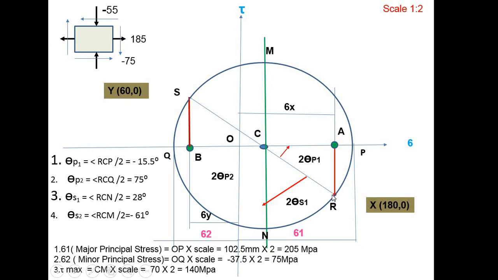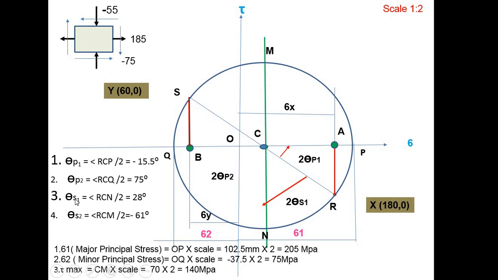So theta P1 equals RCP divided by 2. Theta P2, the location of another principal plane. We are measuring the angle from the reference plane again. So RCQ divided by 2, that angle is 75 degrees.